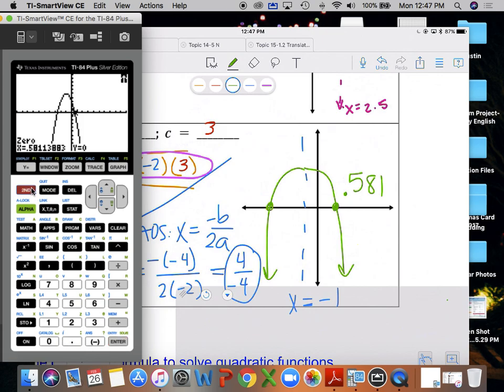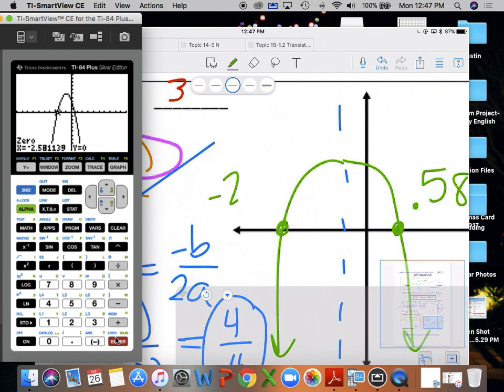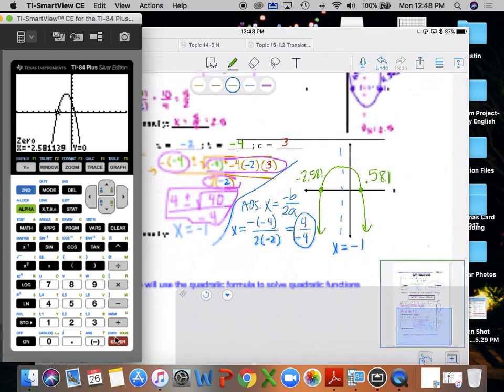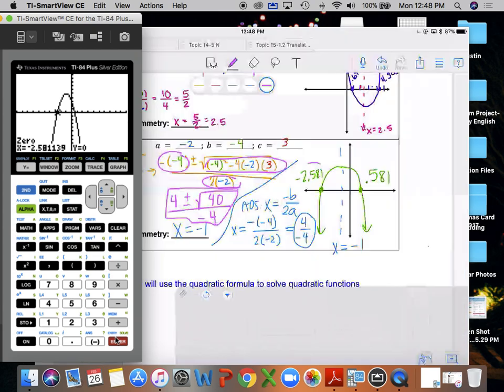And then to find the one on the left, second trace 2, go to the intercept you want, slide to the left, enter, go back, slide to the right, enter, enter, and this is negative 0.2581.